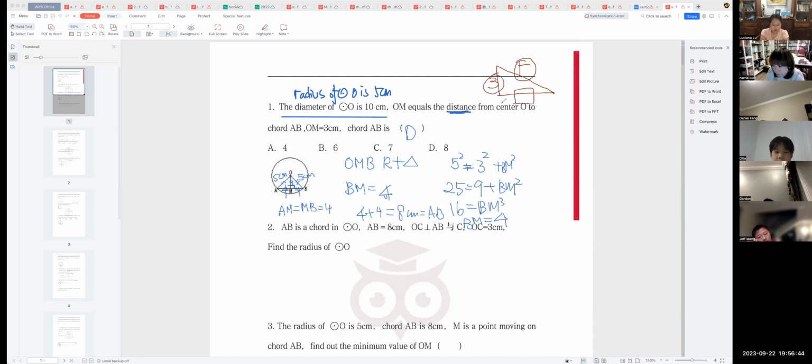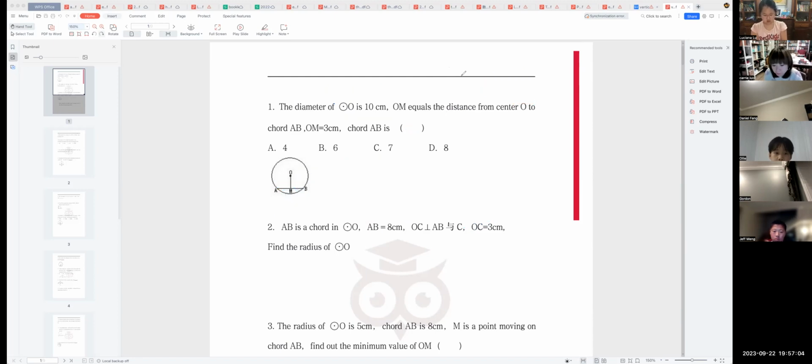Get it? So that is the Pythagorean theorem. When you see a right triangle, Oliver, there's a big possibility you need to work with squares. Understand, everybody? Okay, I'm going to clear it up and let you do this question yourself again, okay?